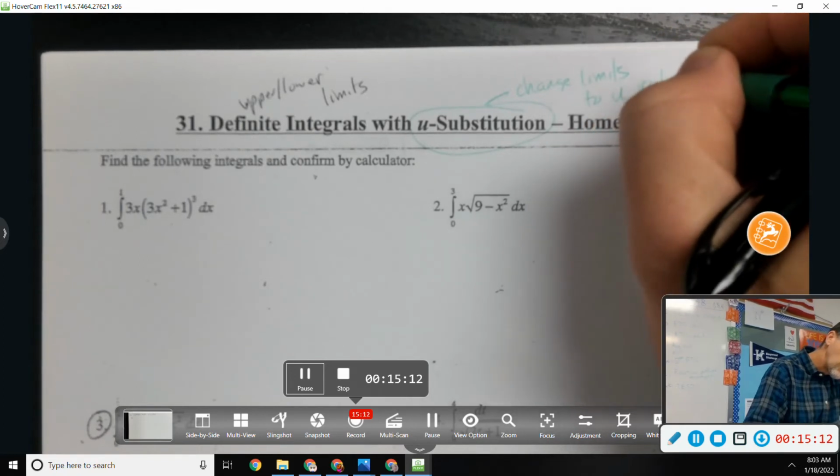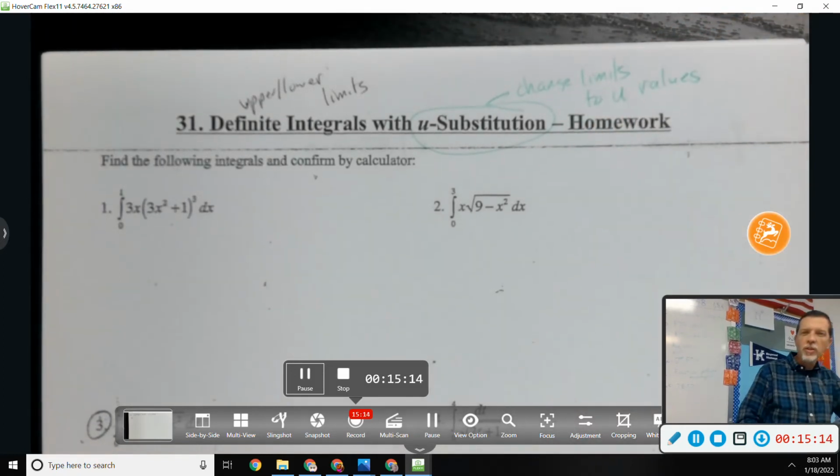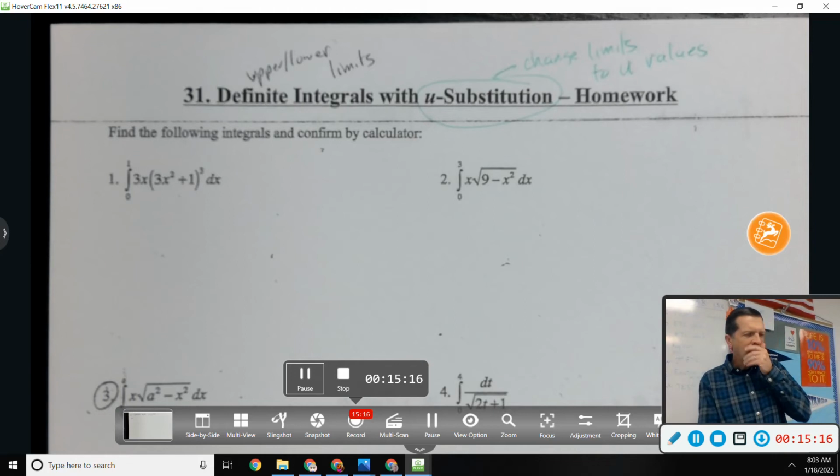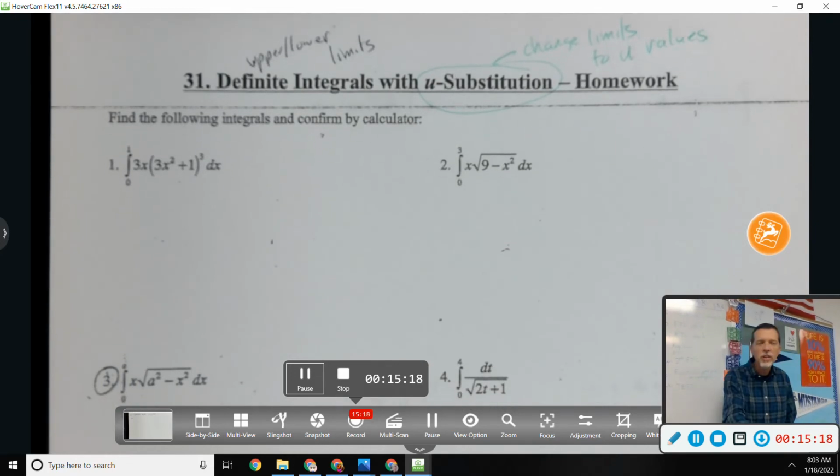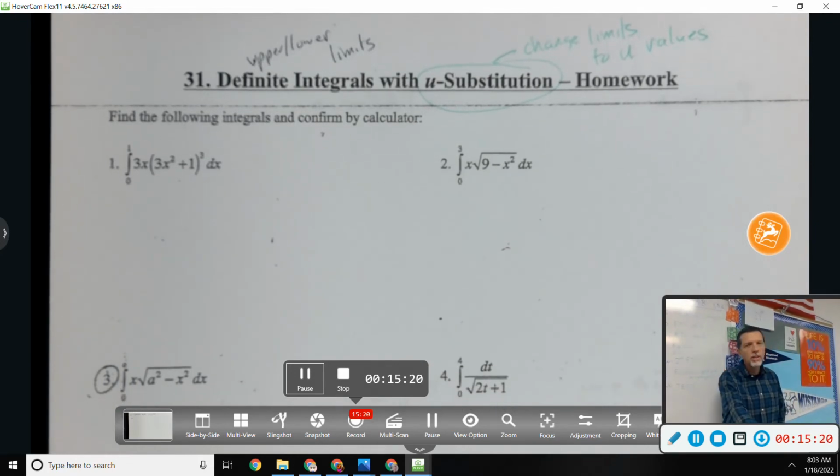So just note to self, that also means change the limits to u values as well. So we're kind of putting it all together with this worksheet.